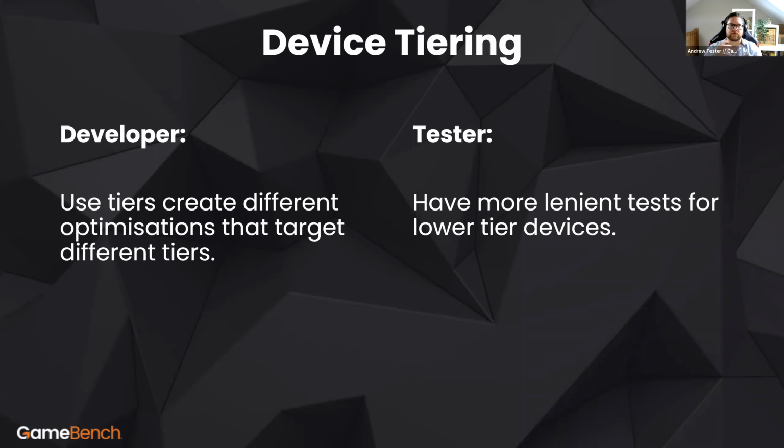Because there could be, for example, a mid-tier device that really should be performing much better or equivalent to other mid-tier devices, and might be a problematic device, and it might be underperforming purely because some functionality that's being used is not well supported on that device. And that's something useful to feed back to development.